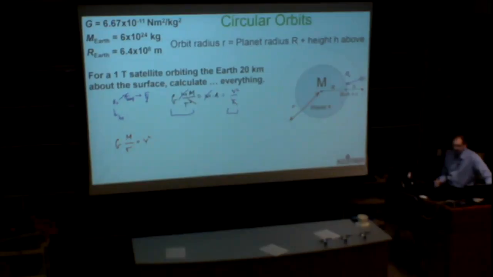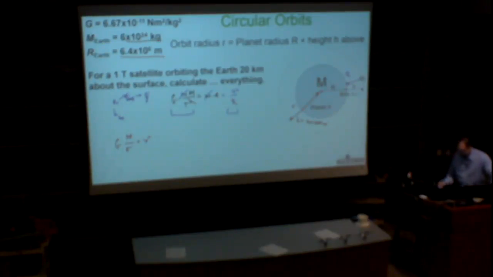We will solve this problem. And of course, in general, we have to know the altitude. The altitude is given, 20,000 meters. And we know the radius of this planet. We know the mass of this planet. So we can calculate speed squared.